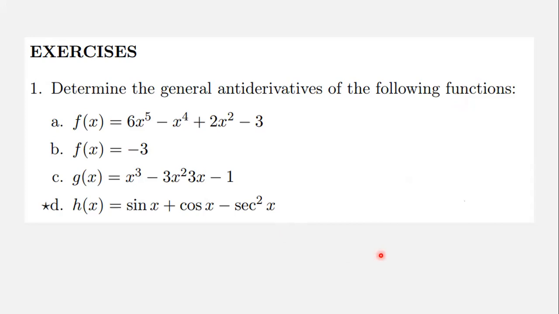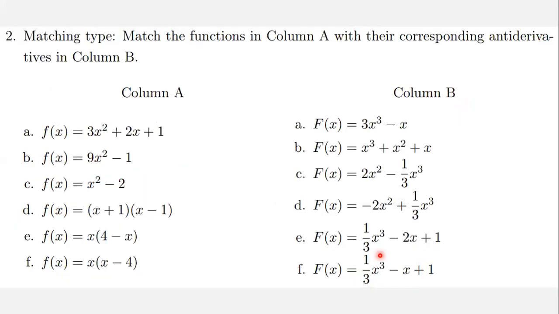Now let's proceed to the next exercise. Matching type. Match the functions in column A with their corresponding antiderivatives in column B. You have here functions A to F, and in column B, we also have capital F functions, A to F. Please take your time in solving.